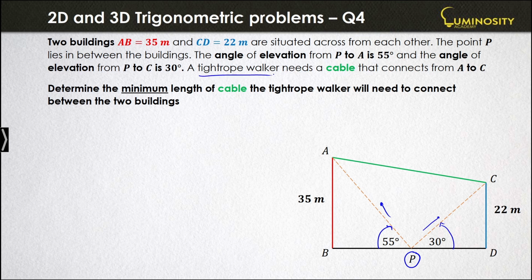A tightrope walker needs a cable that connects from A to C, so the edges of those two buildings. Determine the minimum length of cable that the tightrope walker will need to connect between the two buildings.